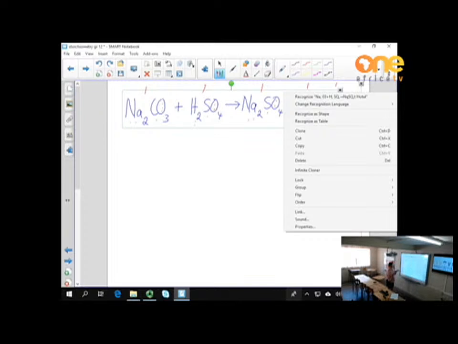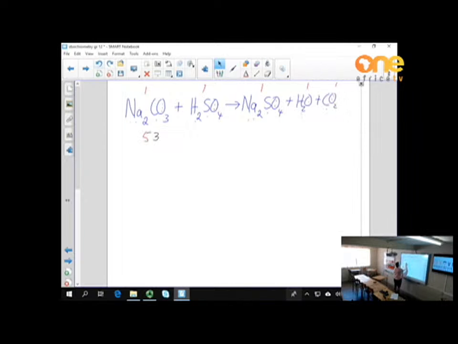So they tell us we have got 53 grams of sodium carbonate. And it reacts with excess, in other words, more than enough sulfuric acid. They want us to calculate the number of moles of sodium carbonate in 53 grams. So, number of moles is mass over the molecular mass. So we have 23 times 2 plus 12 plus 3 times 16.